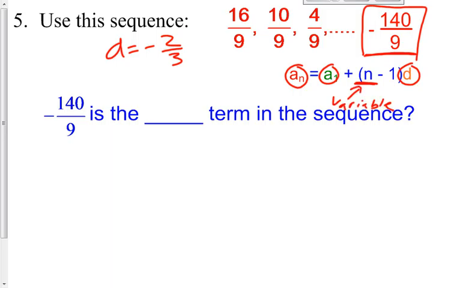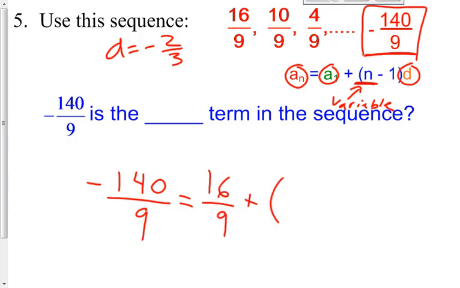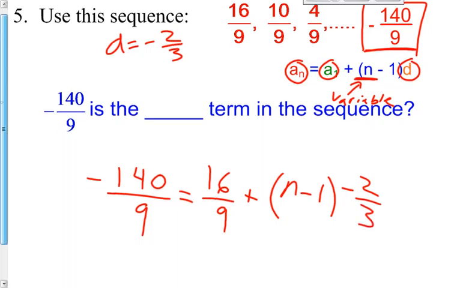Okay? So let's do that. a sub n, which is the value of the last term, or the value of the nth term, is a negative 14 ninths. That equals a sub 1, which is 16/9, plus n minus 1, which we want to find, n minus 1 times the common difference, which we said was a negative 2/3. So now we're just solving an equation.